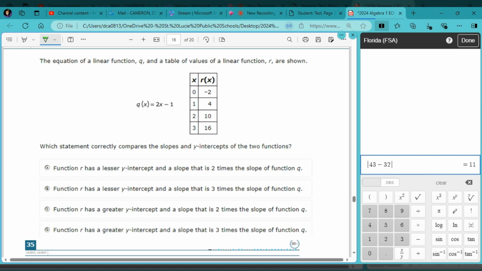So we need to look at function Q, find the slope and the y-intercept, and function R, look for the slope and the y-intercept.